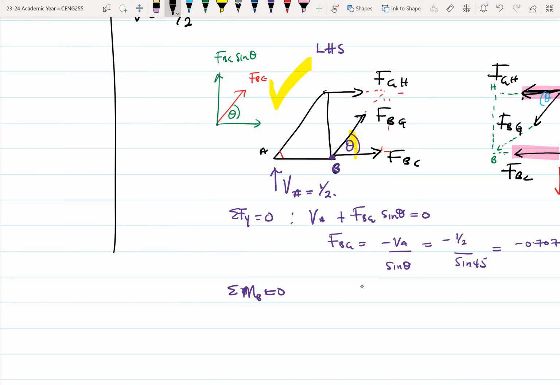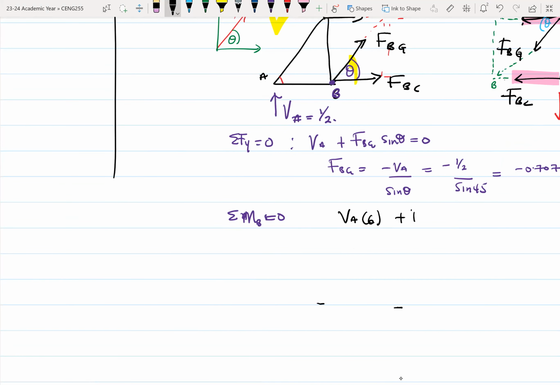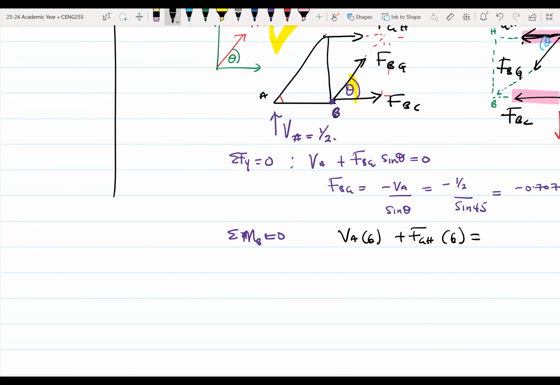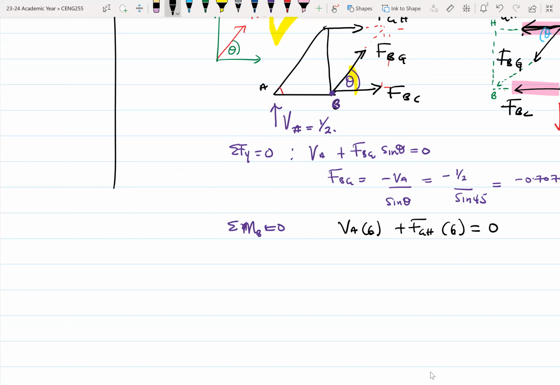So it becomes VA times 6 moments about B, and plus FGH. They go in the same direction in terms of their rotations. They are all clockwise, so they are all in the same direction. So all of this equals 0.